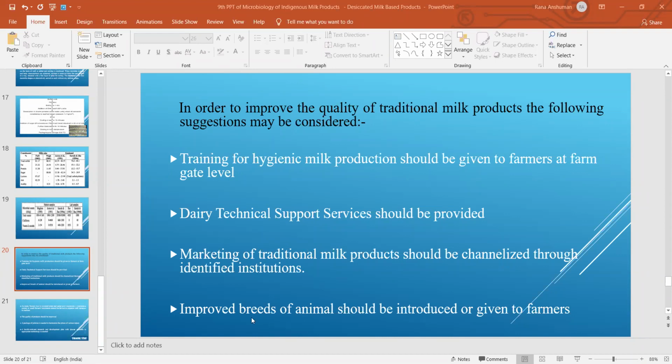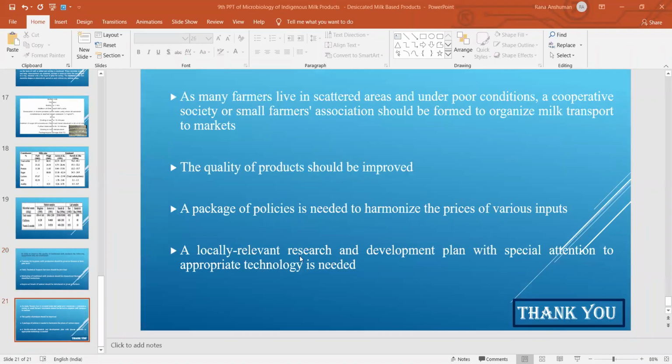Improved breeds of animals should be introduced to the farmers, and as many farmers live in scattered areas under poor conditions, a cooperative society or a small farmers association should be formed to organize milk transport to the market. Then the quality of products should be improved.